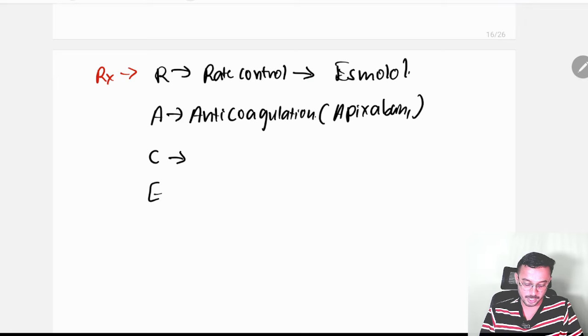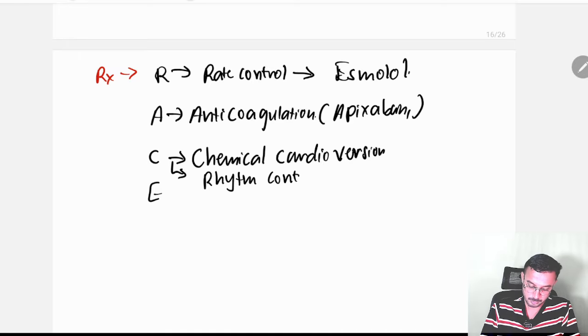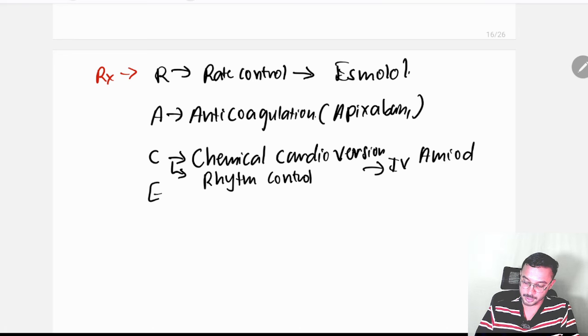And what does this C stand for? Chemical cardioversion. This is nothing but your rhythm control. For rhythm control, what drug am I going to give? IV amiodarone.